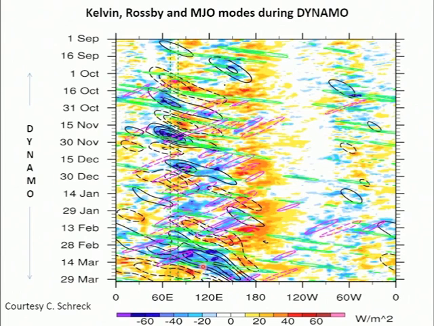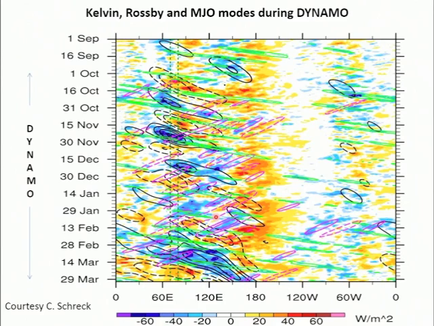But also you can see a plethora of Kelvin waves shown in green, propagating from west to east faster than the MJO. But also a lot of Rossby waves occurred, propagating from the east to the west, shown here in magenta colors. So DYNAMO observed most of the modes that represent the subseasonal variability in the tropics.